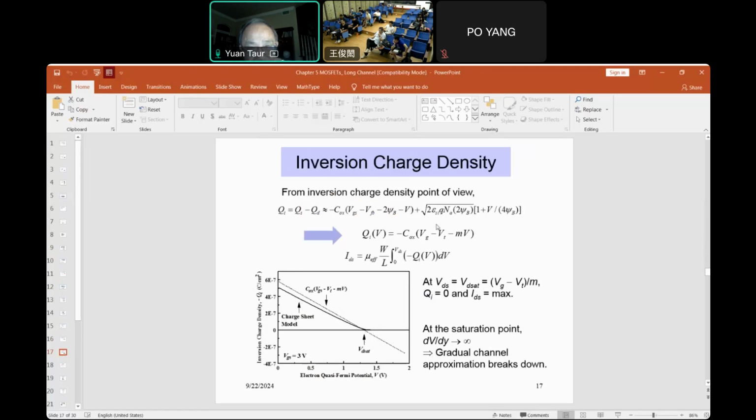Saturation occurs when Qi equal to 0. Qi equal to 0 is when V equal to VGS minus VT over M. That's this point called VDsat. So at VDsat, the area under this Qi curve becomes maximum. If you go beyond, it's going to decrease because the area becomes negative.